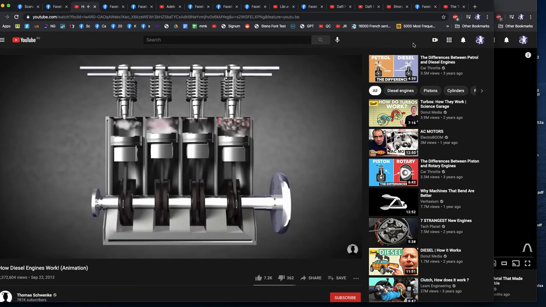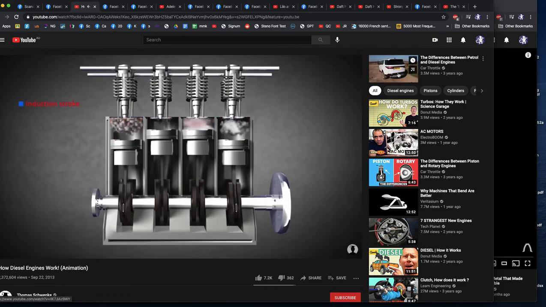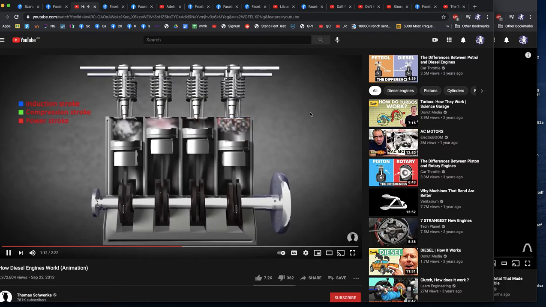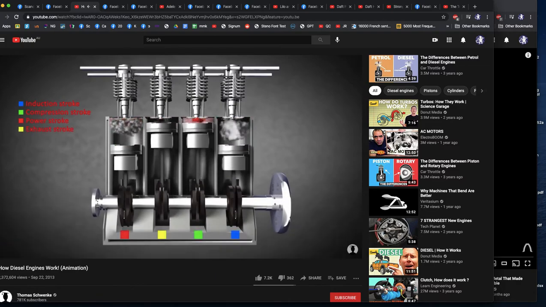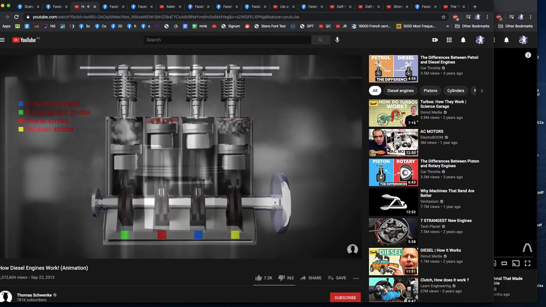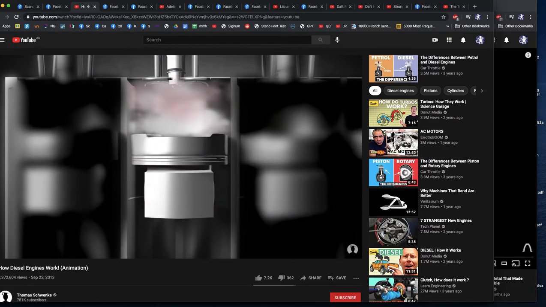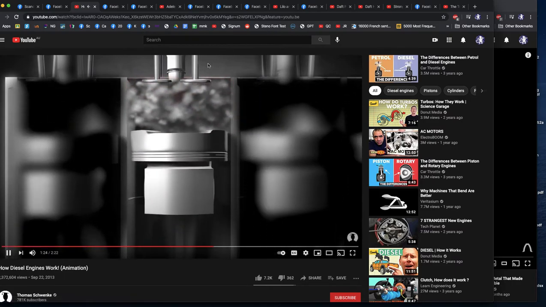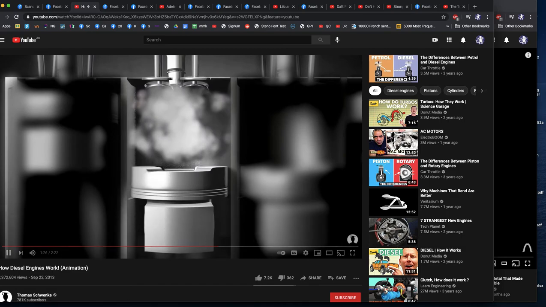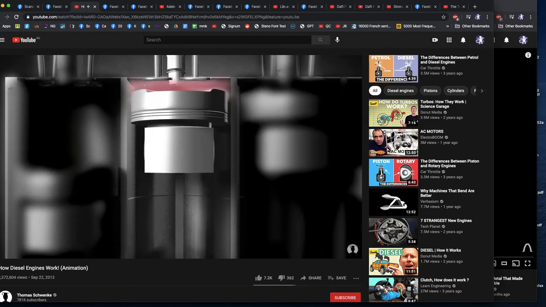Spark plugs are what create that burst of energy, that power stroke. Diesel engines just rely on compression because diesel ignites at a lower temperature. When the fuel is squirted into the chamber and compressed, the heat and the compression are enough for it to spontaneously combust.